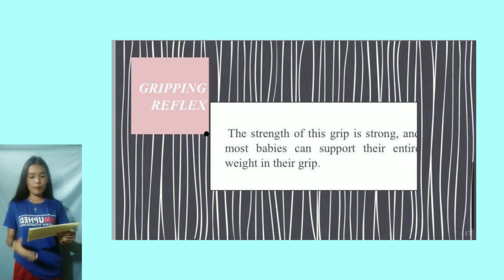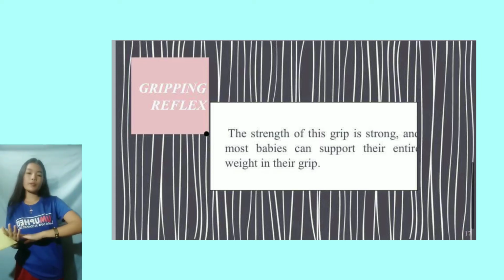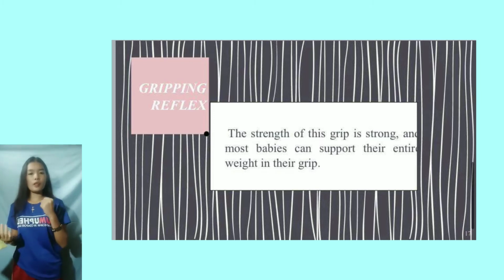Now, let's proceed to the gripping reflex. The baby will grasp anything that is placed in their palm. For example, if you place your finger in the baby's palm, they will grab it, because they feel something in their palm.